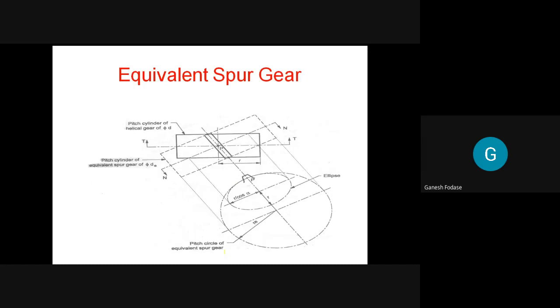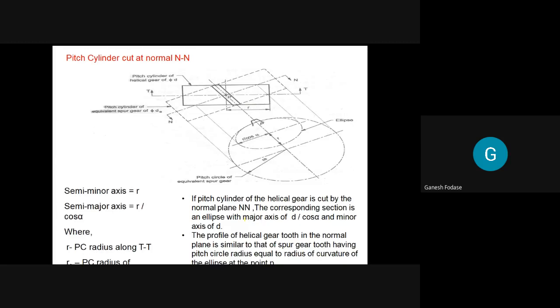To find the equivalent spur gear, or to get the equations of the equivalent spur gear, here we cut this helical gear. You can see the helical gear is cut along a normal plane, and its sectional view will be an ellipse. This ellipse has two axes, semi-major and semi-minor, with radii r and r upon cos alpha.